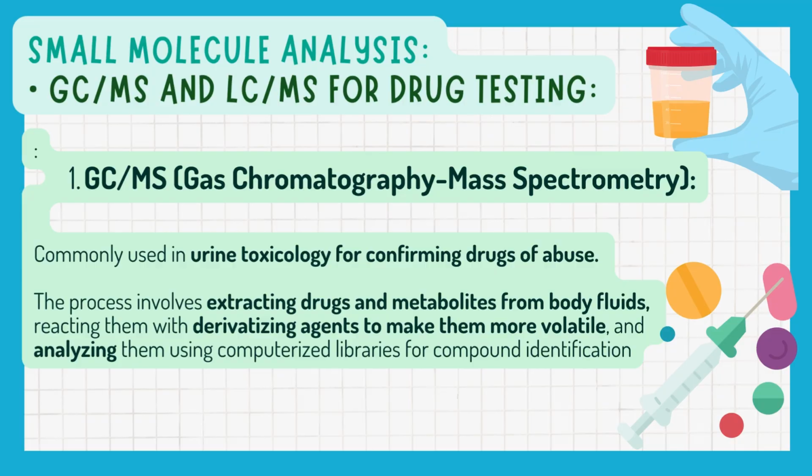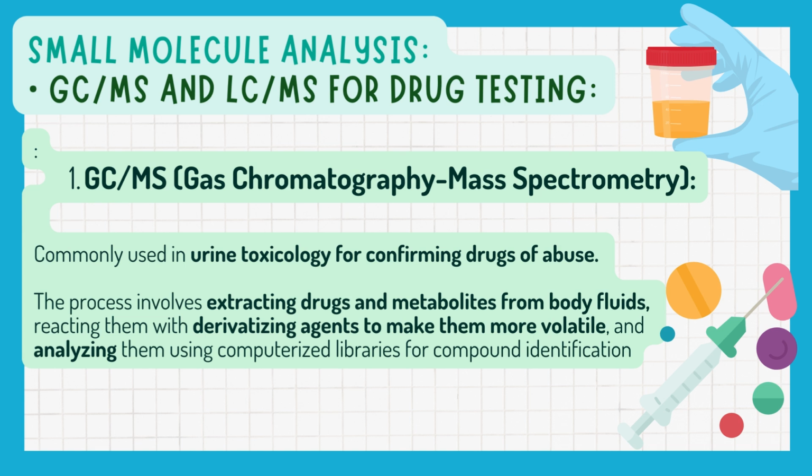So we have the small molecule analysis, GCMS and LCMS for drug testing. GCMS is employed largely in urine toxicology if we want to confirm the presence of drugs of abuse.